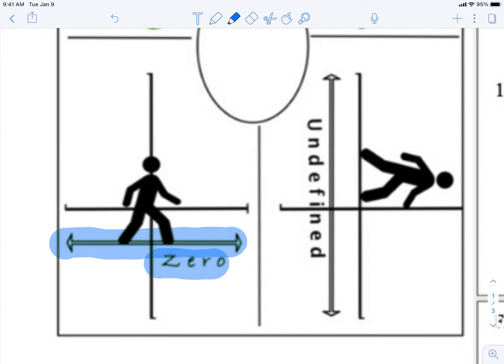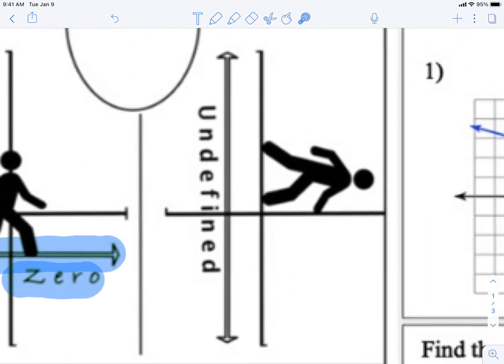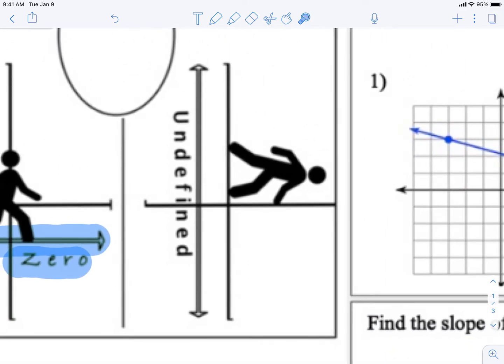It's just flat. And then finally, this special kind of slope right here is one that goes straight up and down. And if you notice the guy here, he's going straight up and down. The only person that could do that is what? Spider-Man or something like that. But actually, bugs can do it. I was wondering the other day. I was watching a bug going up the side of the wall of my house, and I was like, how do they do that?